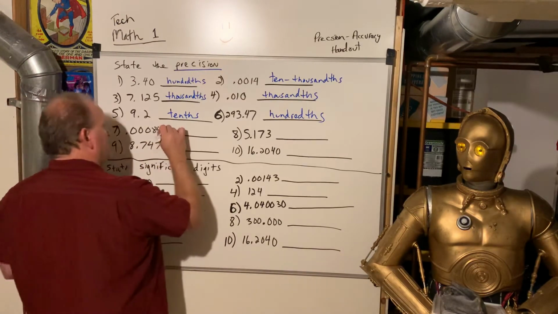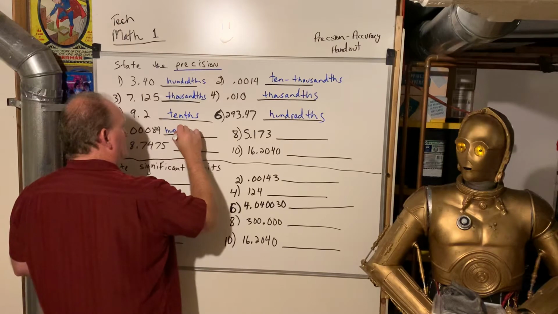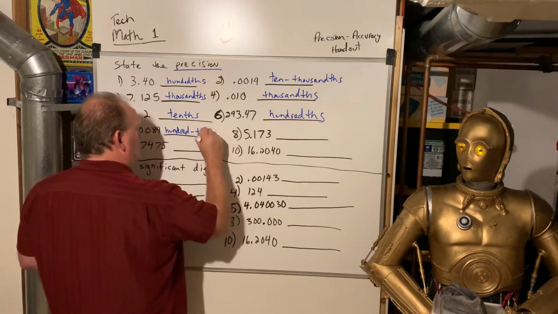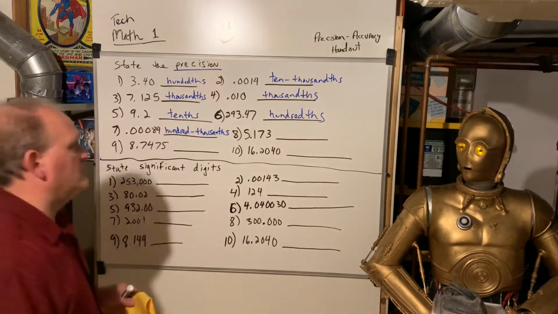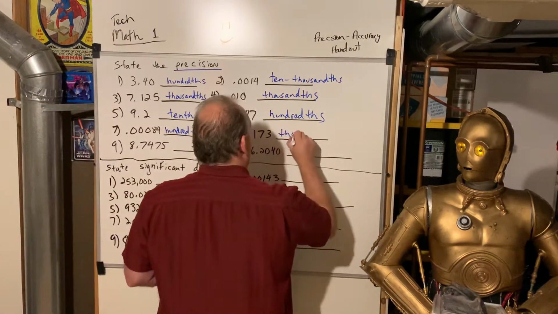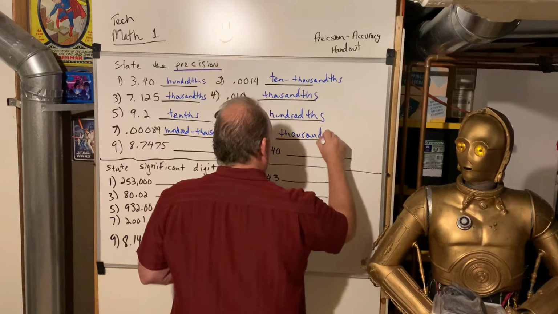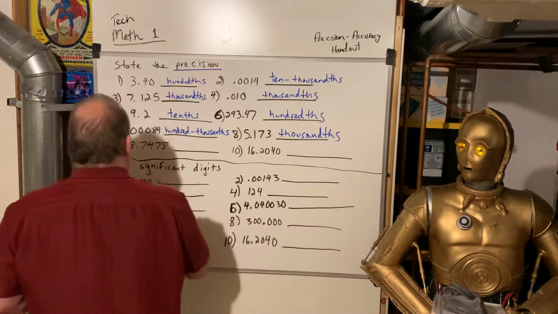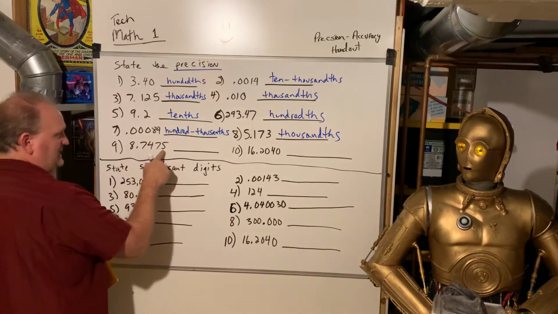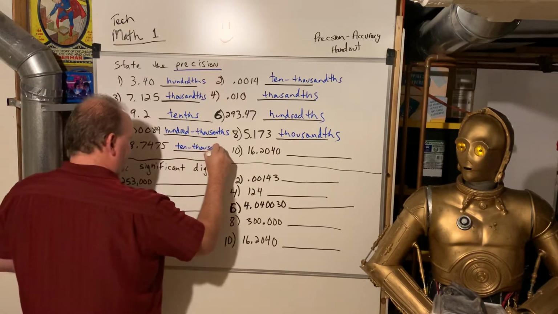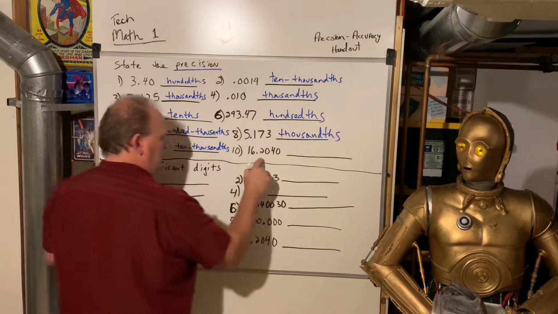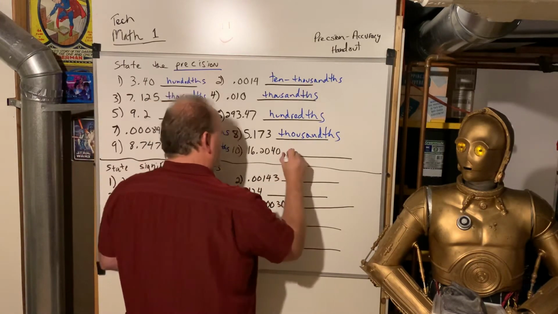So that one's 100 thousandths. Tenths, hundredths, thousandths again. That seems to be a popular answer on this. Tenths, hundredths, thousandths, 10 thousandths. And tenths, hundredths, thousandths, 10 thousandths.